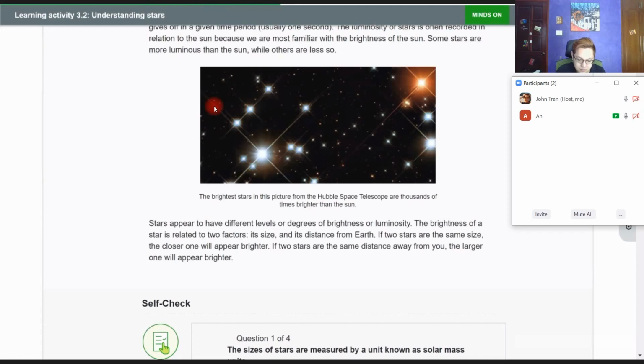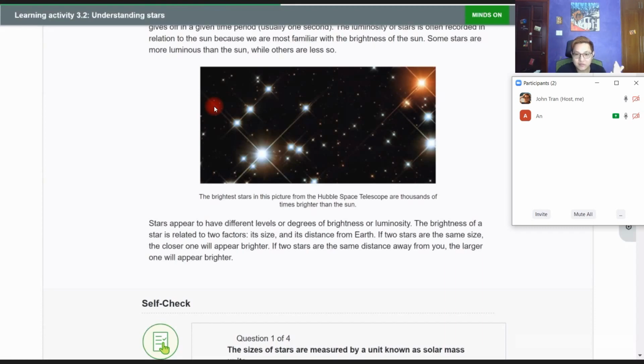Stars appear to have different degrees of brightness or luminosity. The brightness of a star is related to two factors: its size and its distance from Earth. Of course, the bigger it is, the more light it emits, right?